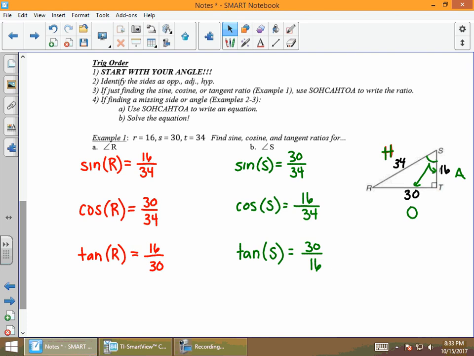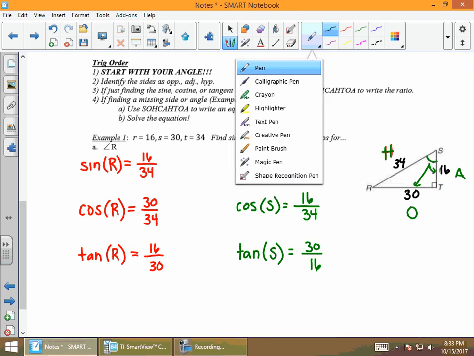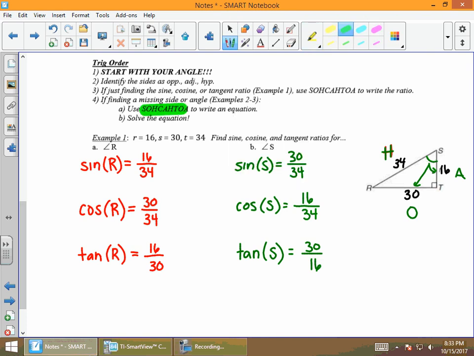So to find those ratios, it's just a matter of following along with that word, SOH, TOA. You can see it right here, SOH. See it right here, SOH. Right? If you want to find the sine, you need to take the opposite side and divide it by the hypotenuse. Whether it's angle R or angle S, the first thing I do is I identify my angle and I label my sides as O, A, and H.